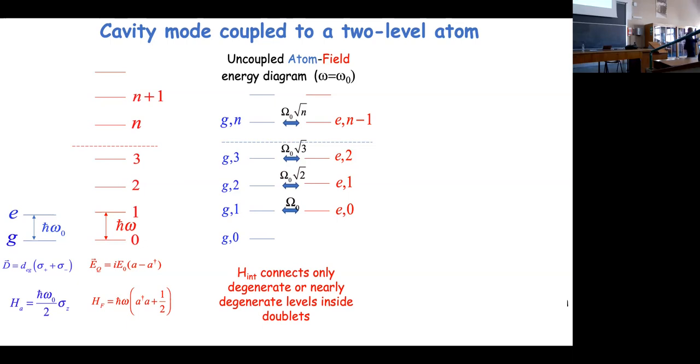So the levels of the two systems taken together are made of a single ground state and then doublets of excited states with 1, 2, 3 degrees of excitation. Now, what is the coupling between them? The coupling is only important between the states in the same doublet, because this is a coupling between states which conserves energy.